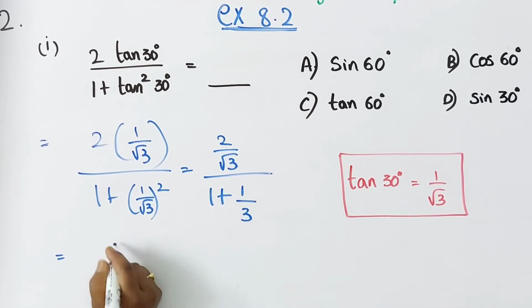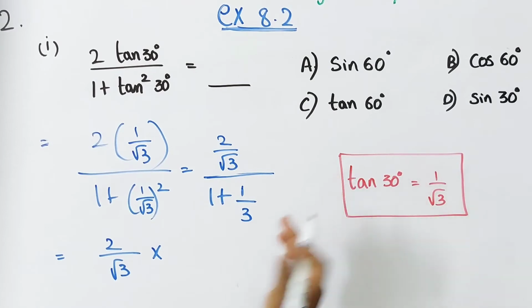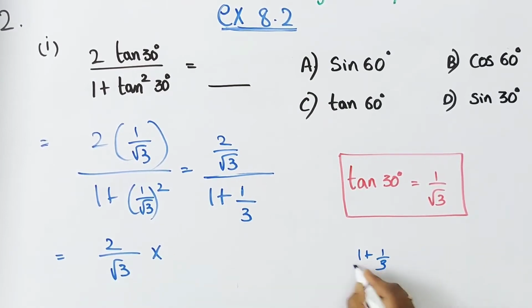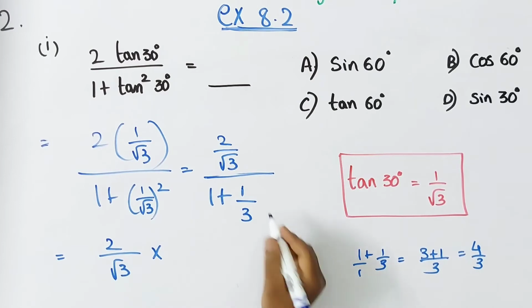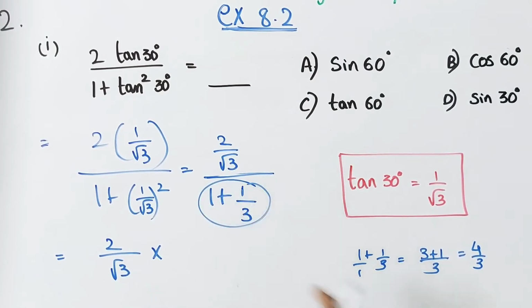Now this will be 2 by root 3 here into the reciprocal. Here 1 plus 1 by 3 equals 4 by 3. See here, 1 3s are 3 plus 1, it is 4 by 3, children. So this value is 4 by 3. That means the reciprocal of 4 by 3 is 3 by 4.